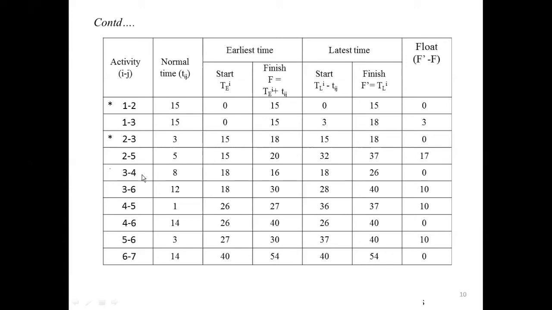Next for 3, 4, the float value is 0. Next 4, 6, you have 0 float value. Next for 6, 7 is 0. After representing these star marks, that indicates the critical activity. It is the critical activity, or we call it the critical path.